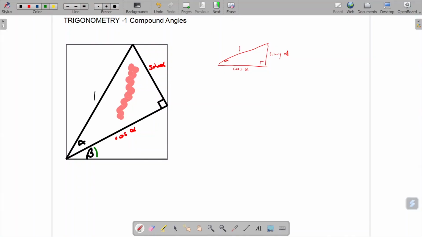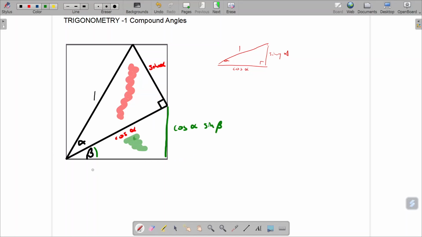Now we're going to simply take the same idea and run it through a couple of times. If the angle is now beta, and we are talking about this bottom triangle over here, in the same way this side length over here, just this piece, is going to be cos alpha sine beta.